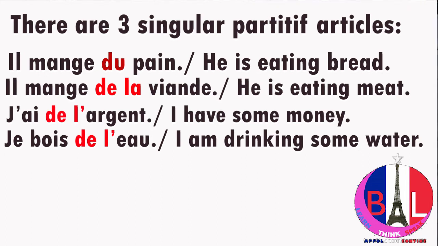In English, sometimes we may not include some, but in French it is necessary. Some must be there no matter what, but in English we can exclude some. Eau here is a feminine noun, so you can see that the de l' can be both masculine and feminine.